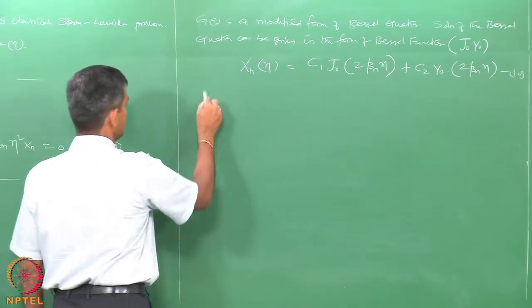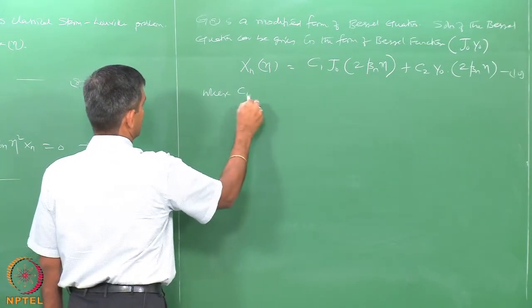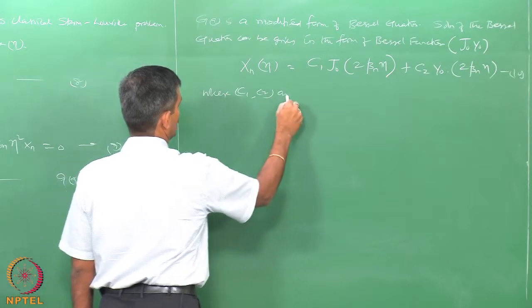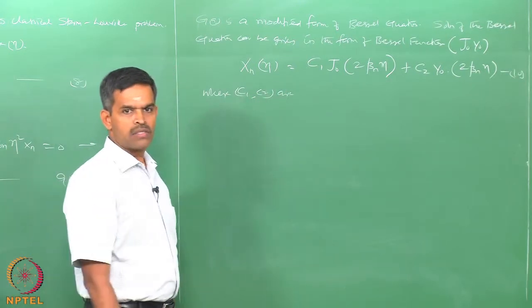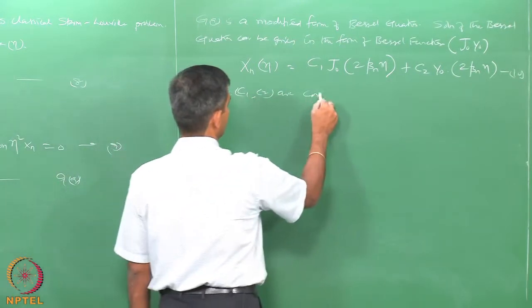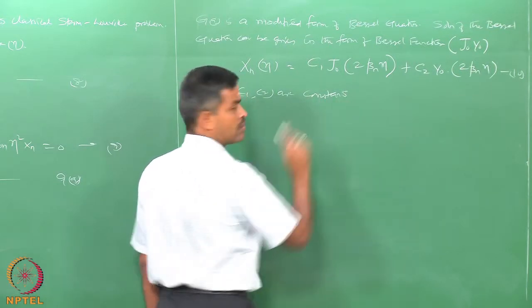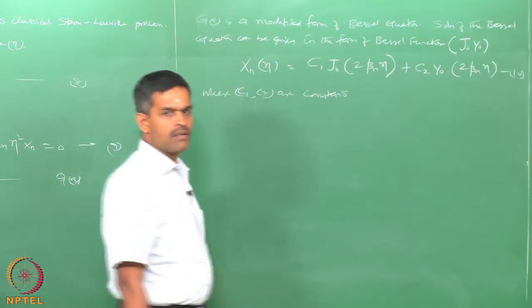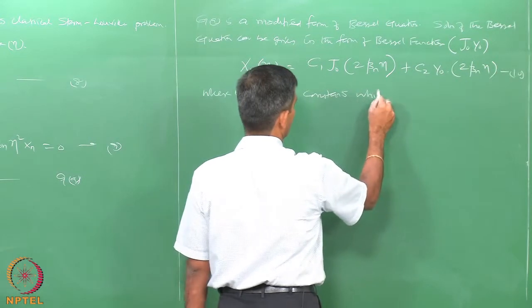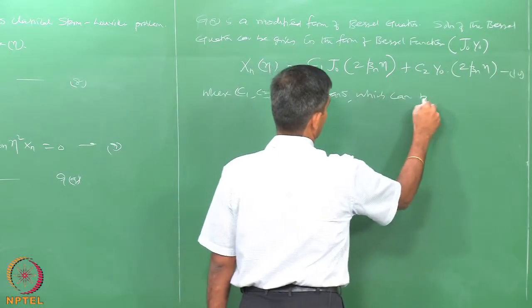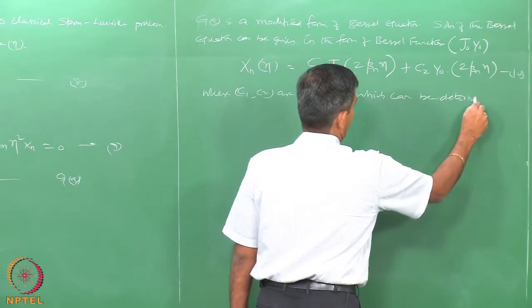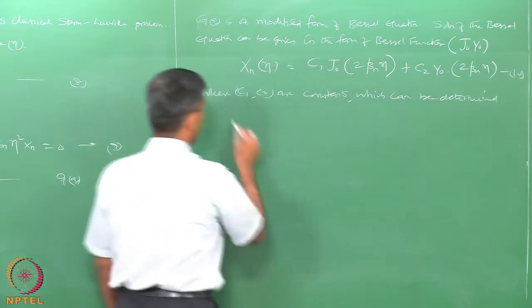where C1 and C2 are constants which can be determined from the boundary conditions.